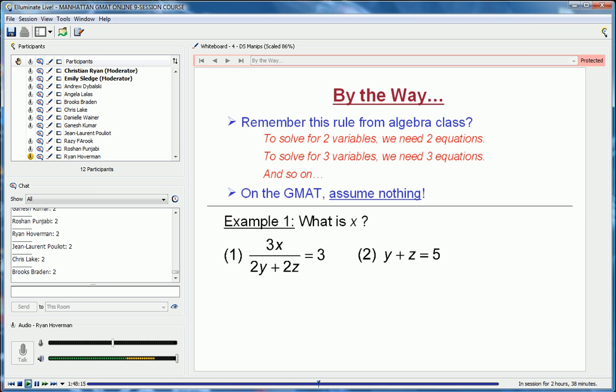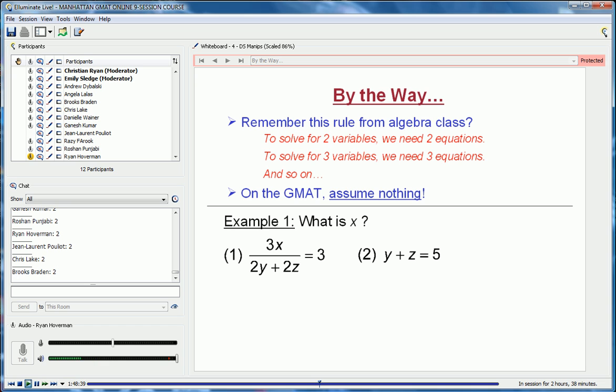Okay. When you go through data sufficiency, you look at your A, D, B, C, E. So when you look at statement 1 on its own, you don't have enough information to solve it. So that gets rid of A and D, and then you look at statement 2, and again you don't have enough information to solve for X. So you get rid of B. But then when you look at them together, you notice statement 2 says Y plus Z equals 5.